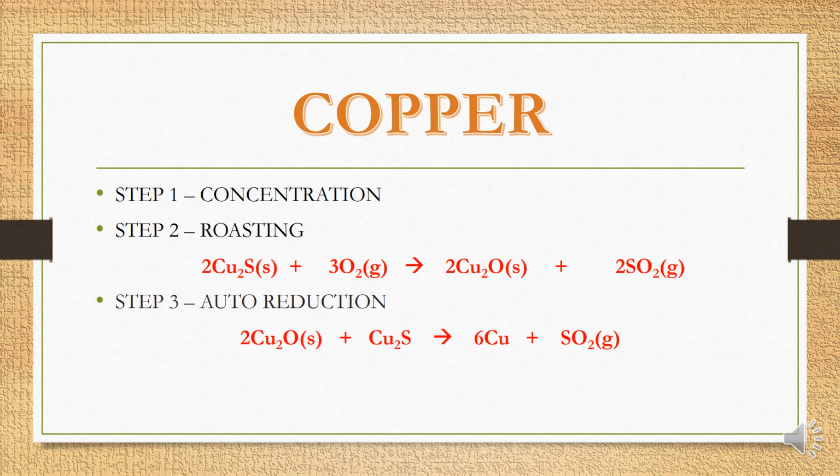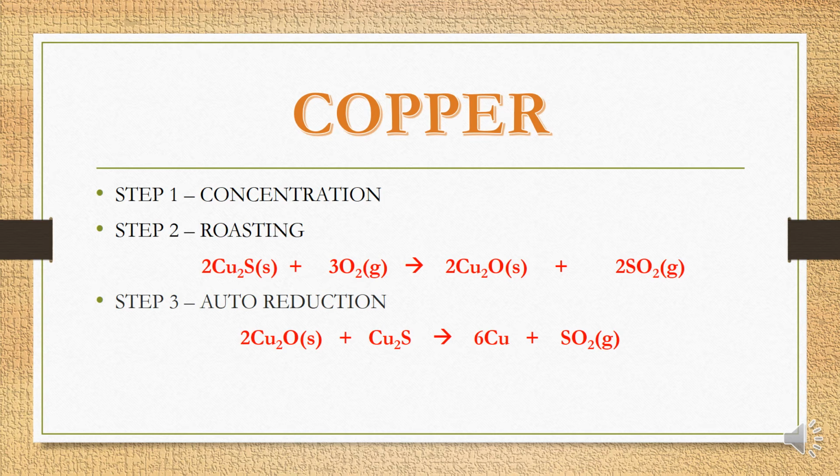So this sulfide ore will also be concentrated, and the method will be employed on the basis of the physical properties of the gangue and the copper sulfide, and after the concentration process we will get concentrated ore, which is free of gangue particles.